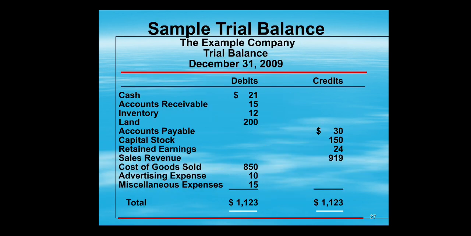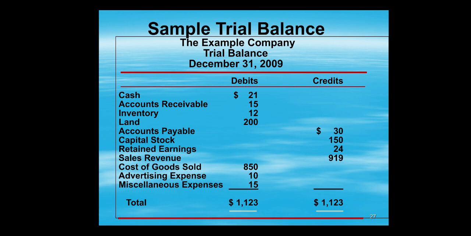This is an example of a trial balance for a business. See here, the format is very easy. In the first column, you see a list of all accounts: cash account, accounts receivable, inventory, land, accounts payable, capital stock, retained earnings, sales revenue, cost of goods sold, advertising expenses, miscellaneous expenses. This is the list of all accounts.